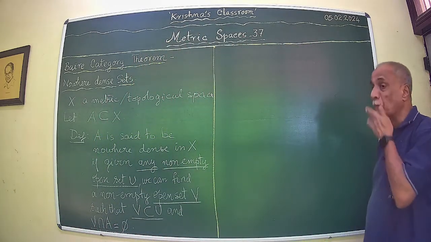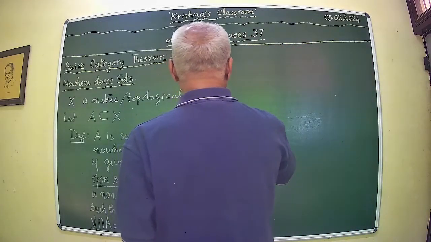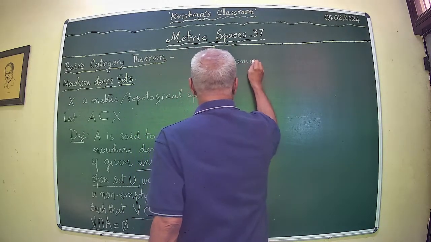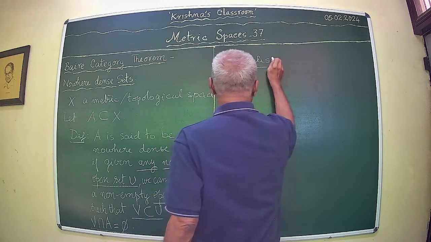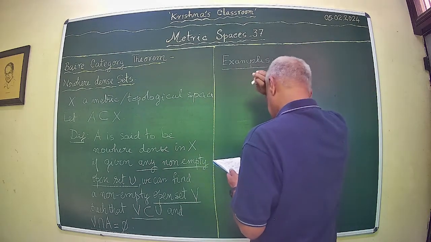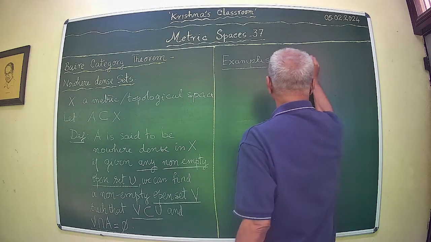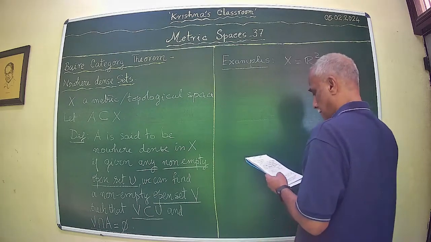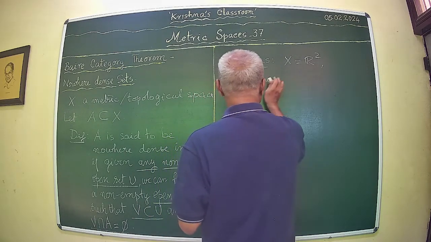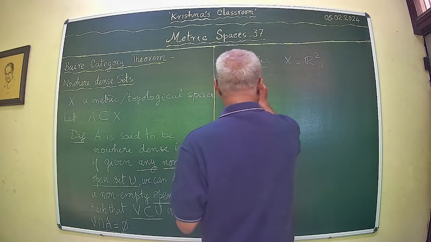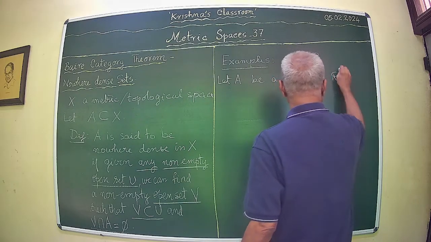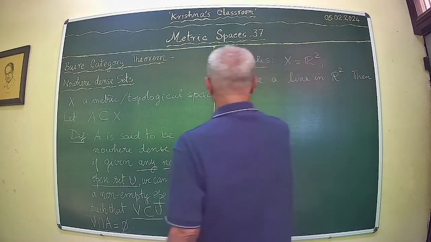Okay, let us look at this concept. Now for that, we look at some examples. Let us take X to be equal to R2 and A to be a line.